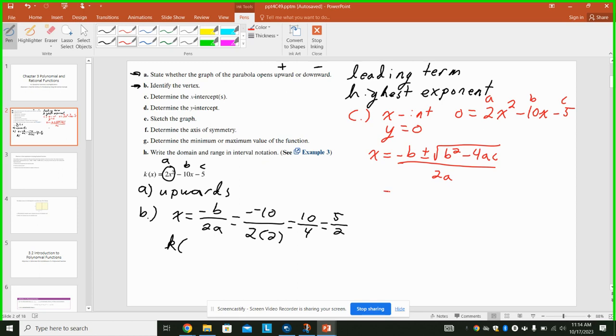All right, so when we plug it in, that would just be negative 10, which is just a what? 10. Positive 10 plus or minus square root of negative 10 squared, remembering the square always goes on the outside of the parentheses, minus 4 times 2 times negative 5.